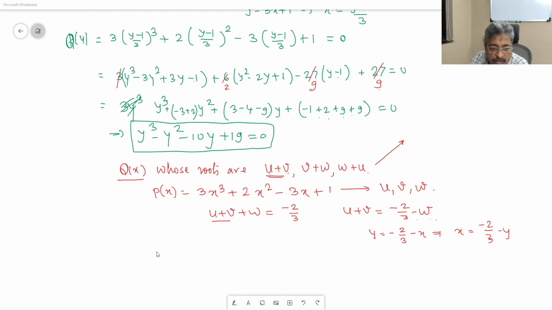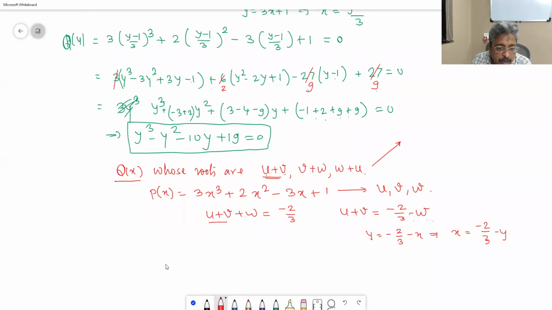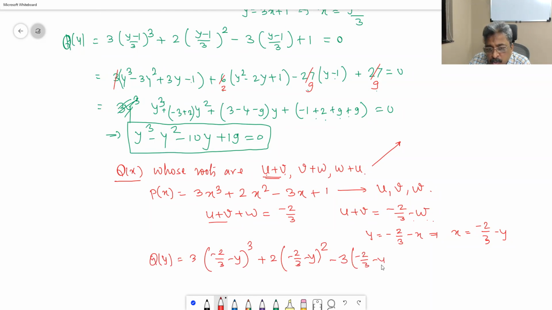So q of y is going to be 3 times (minus 2 by 3 minus y) bracket cube plus 2 times (minus 2 by 3 minus y) bracket square minus 3 times (minus 2 by 3 minus y) plus 1 is equal to 0, and then you clear the denominator and you will get the answer.